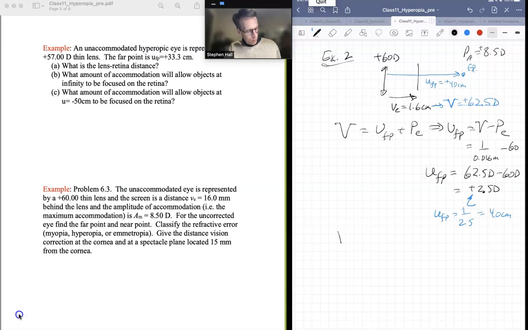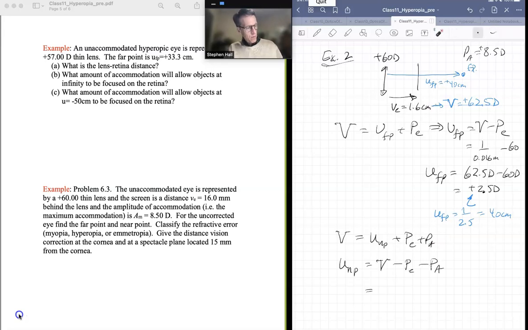So again, we'll use our divergence equation, and we're going to be locating the object divergence for the near point, so that means we're going to be accommodating. We just rearrange this to solve for the near point divergence.